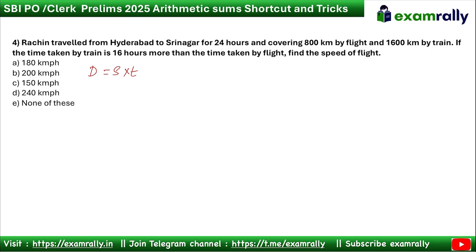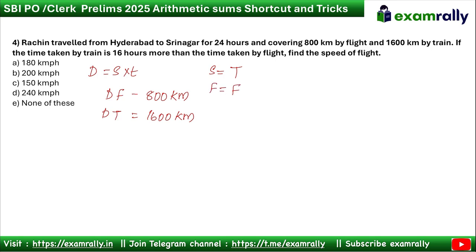So the distance traveled in flight equals 800 kilometers, and the distance traveled in train equals 1600 kilometers. Let the speed of the train be t and the speed of the flight be f.